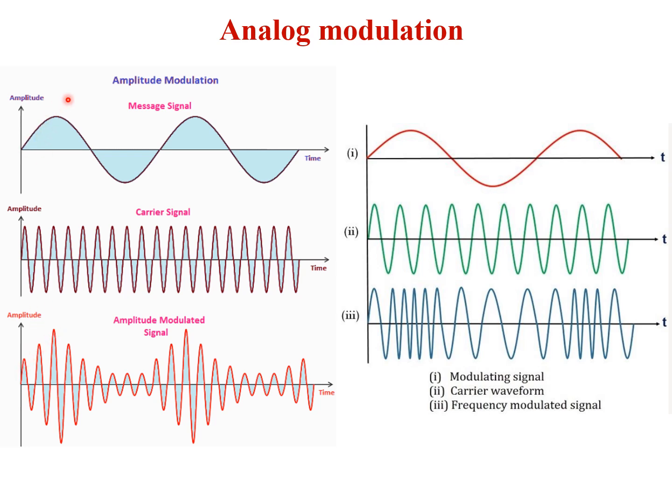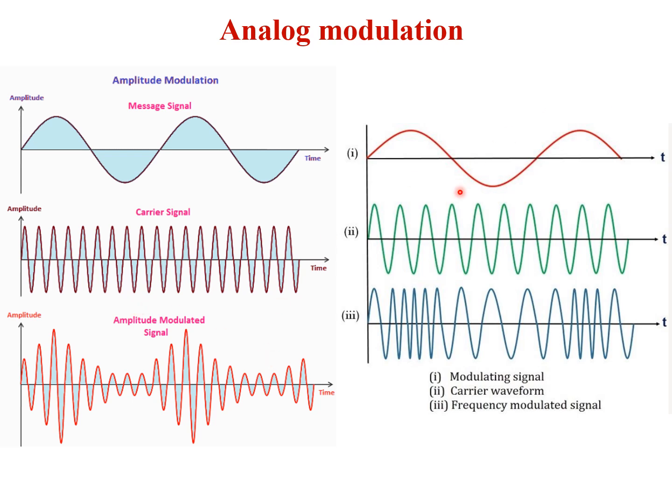From here to here it's increasing, then the amplitude is decreasing, and the carrier amplitude is also decreasing. So this is how the message is transmitted, and the amplitude modulated signal is obtained.